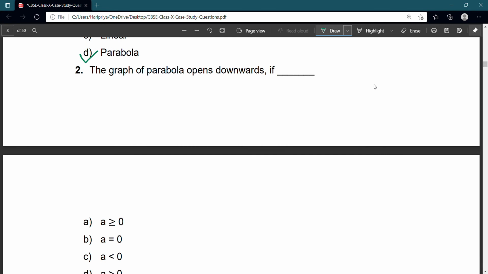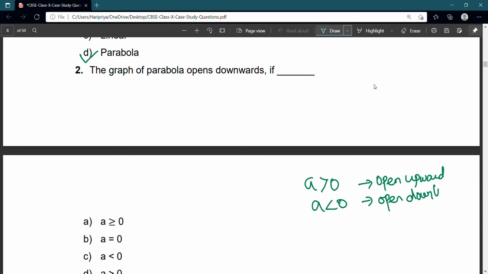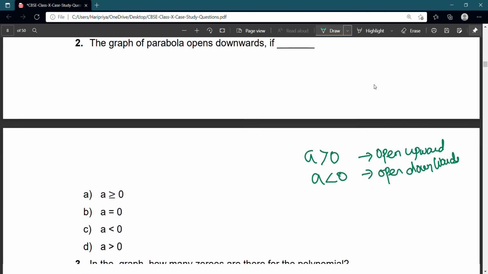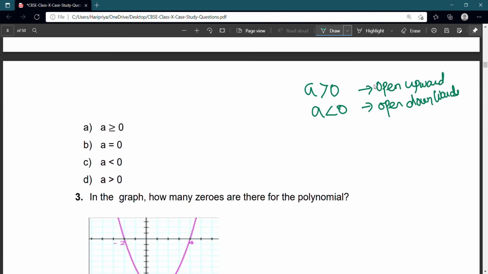When a is greater than 0, it opens upwards. When a is less than 0, it opens downwards. So here the answer is a less than 0.